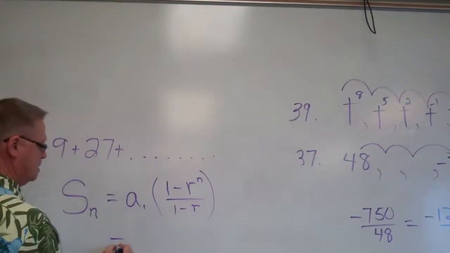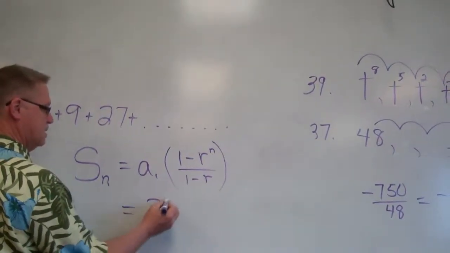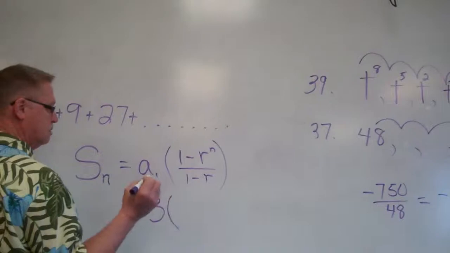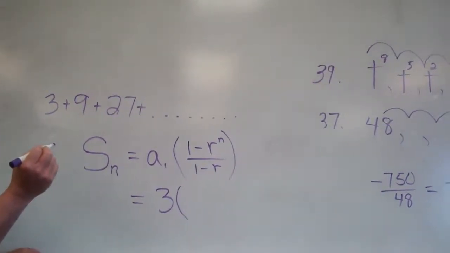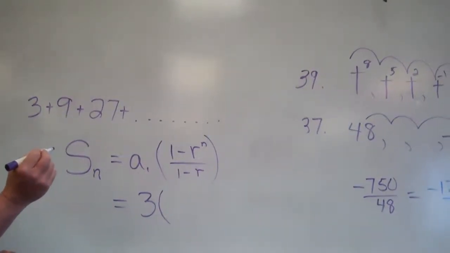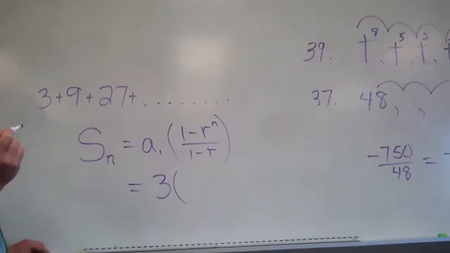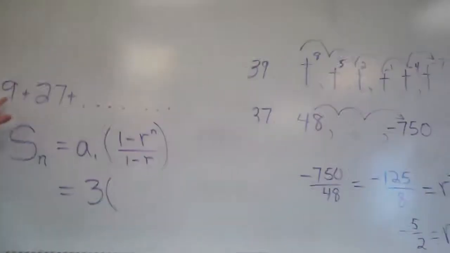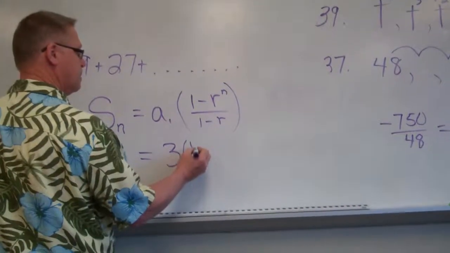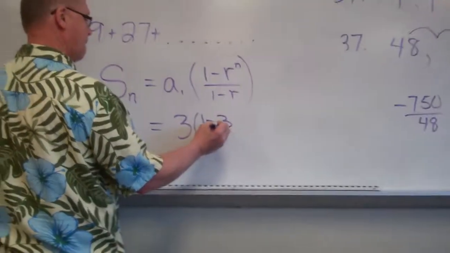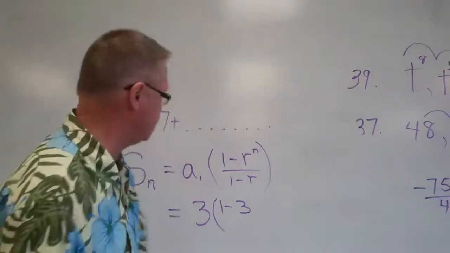Connor, what's a sub 1 here? 3. Nice. Laura, what's our ratio, or r? It looks like they're timesing by 3. She's saying 3. We have to find the sum of the first 6 here. Yeah, 6.